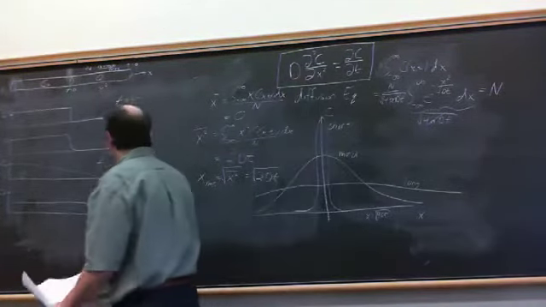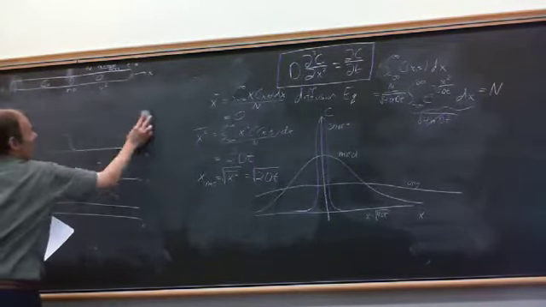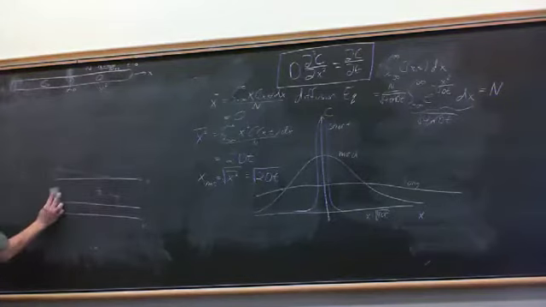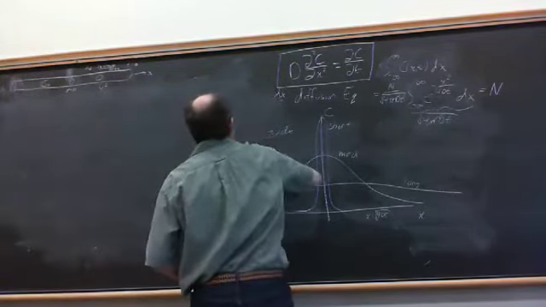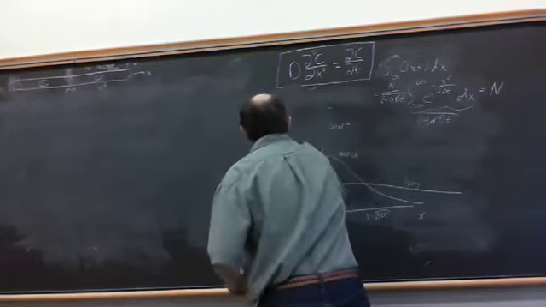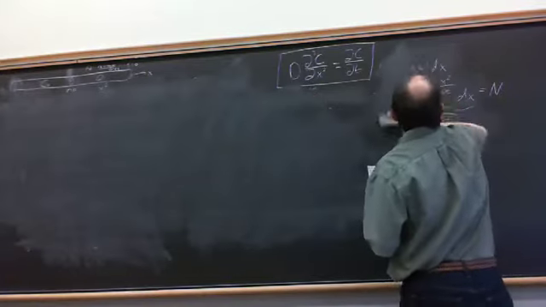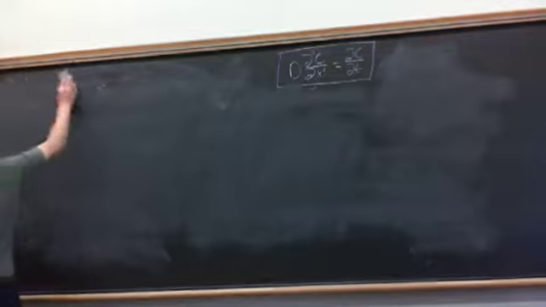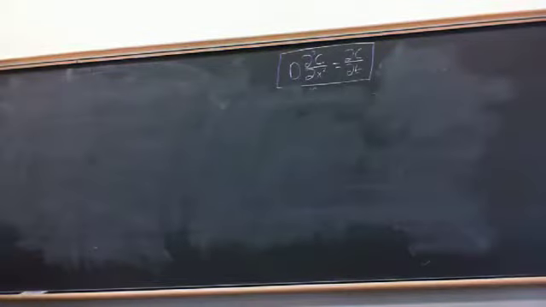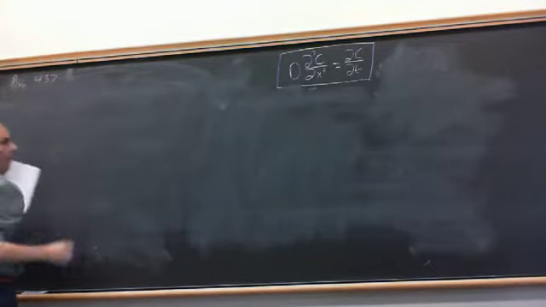Okay. We're going to look at another example of steady state diffusion. This is problem 4.37 from the book.